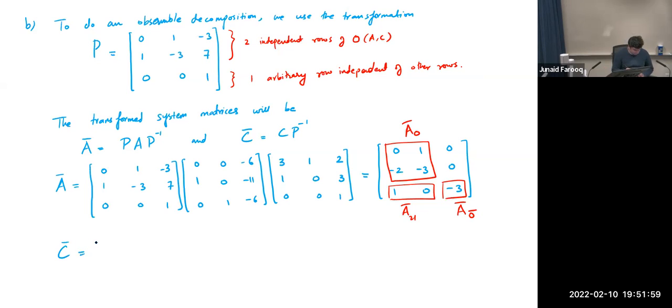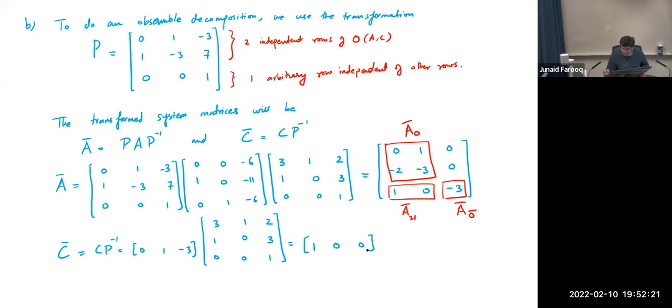Now C bar is C P inverse, so it's [0, 1, -3], and P inverse was [3, 1, 2; 1, 0, 3]. If I multiply this, I get a C bar, which is [1, 0, 0]. By comparing with the canonical form, this is the piece that is C bar observable, and this piece is unobservable. Okay, so observable system.